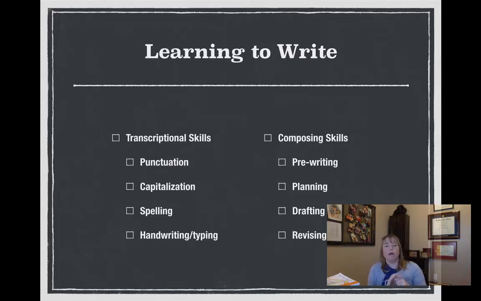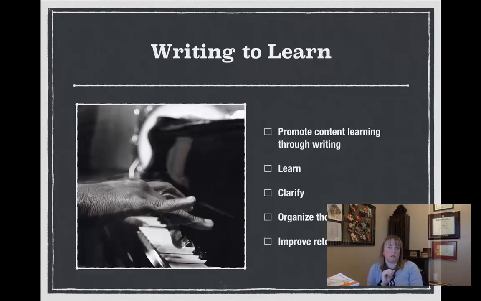Okay, composing skills are things like pre-writing, the whole writing process that we go through to compose written language. Pre-writing, planning, drafting, revising, really understanding those steps and being able to go through those steps effectively is teaching us how to write. Okay, so that's learning to write. Those are specific skills that we can teach K to 12, target those skills.